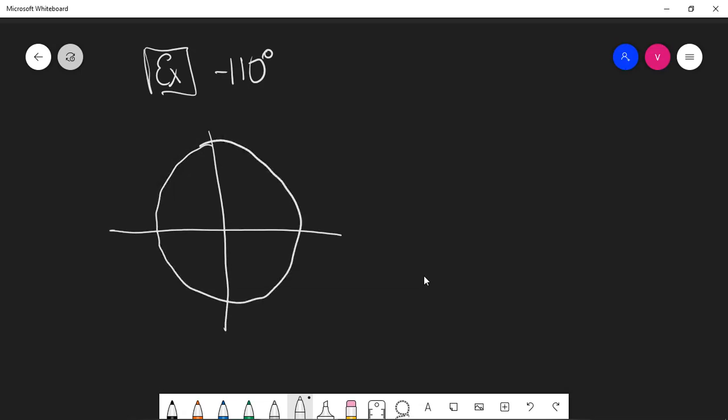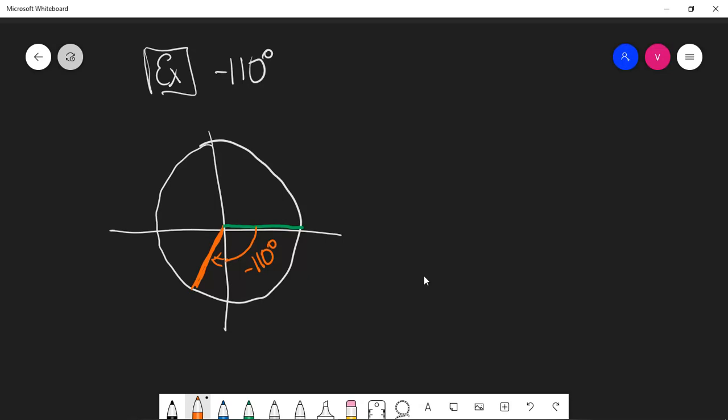Hopefully not too wonky. So negative 110. So we're starting here, here's our terminal side and we're going negative. So backwards 90 plus a little bit more, right? Backwards another 20 there. So that would be the terminal side doing it that way. So this would be negative 110 going in that direction.